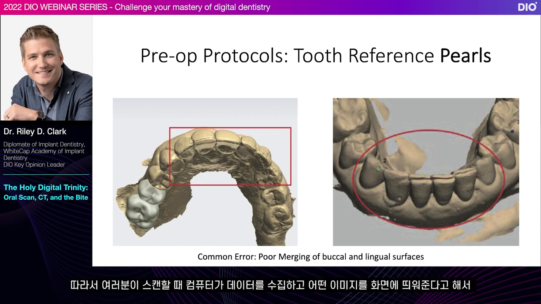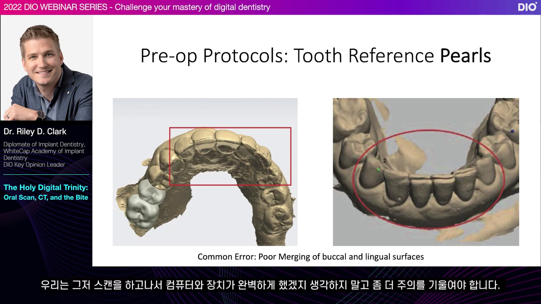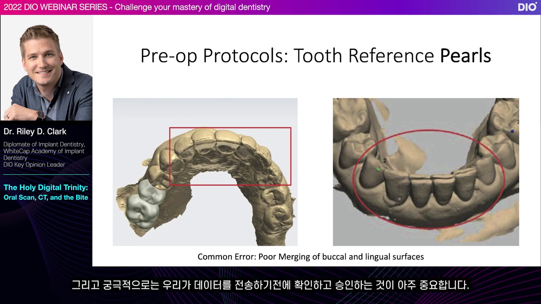So I want you to be aware, just because your computer collects data and creates some type of image on your computer when scanning does not necessarily mean it's accurate. We have to be more thoughtful than just scanning and thinking the computer and the device did it perfectly. Our technique, our approach, and ultimately our approval of the data before we send it on is very, very important.